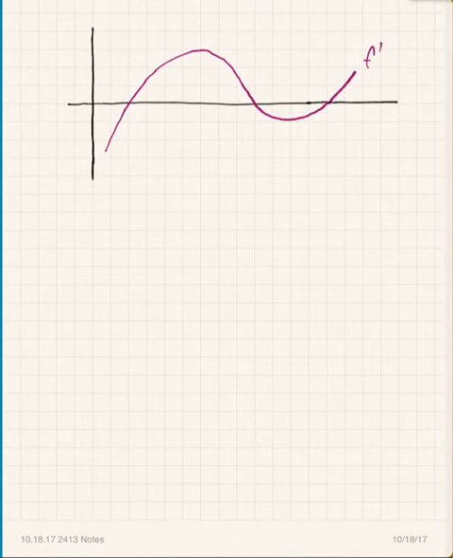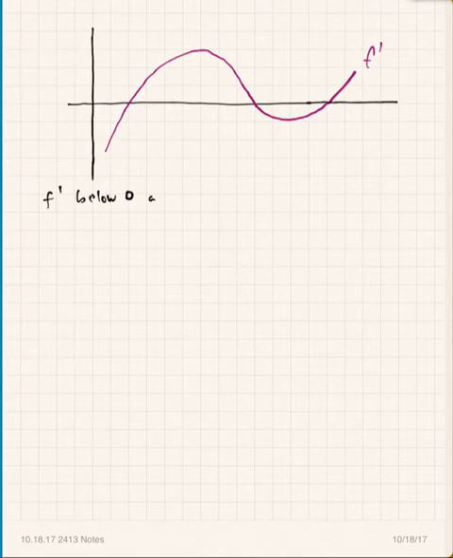So first of all, let's just look at f prime for a minute. Is f prime positive or negative as we're going from left to right? In other words, is the graph above or below the x-axis? The graph is below the x-axis until you get to 2. At 2, the graph is 0.